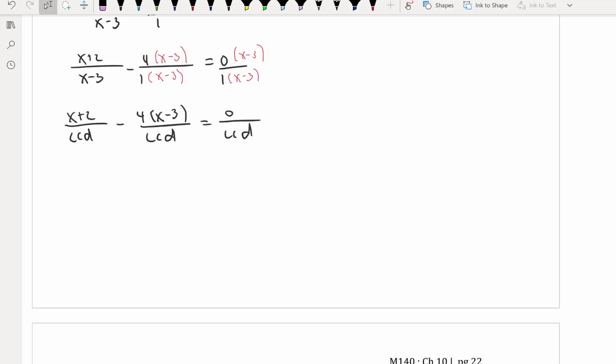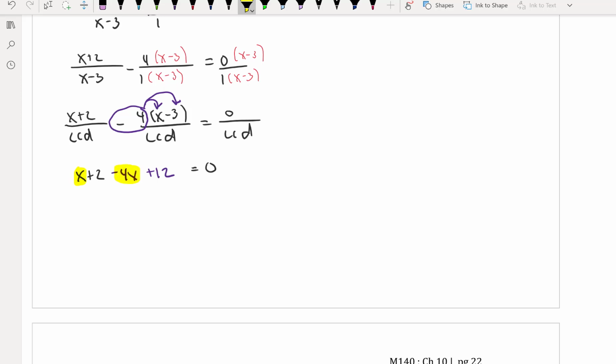So now that my LCD is all the same, I can drop them and think about my numerator. So I have my x plus 2, and you want to be careful here. This is a negative 4 multiplied by x, so minus 4x. And a negative 4 times a negative 3 is a positive 12. And all of that is equal to 0. So now I'm going to combine like terms. I have x, and I have a negative 4x.